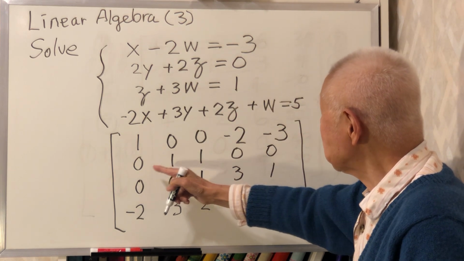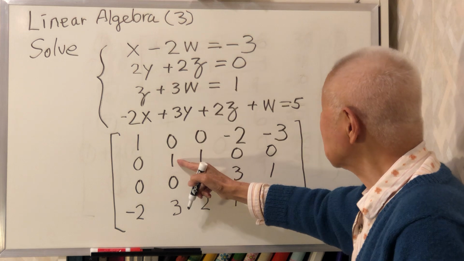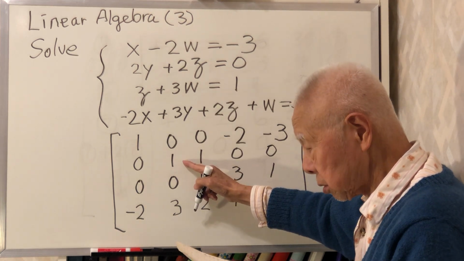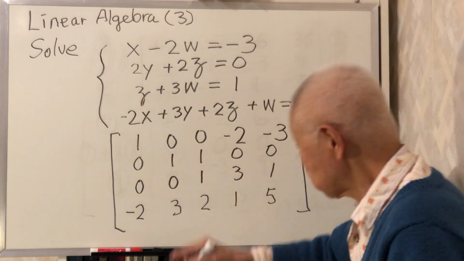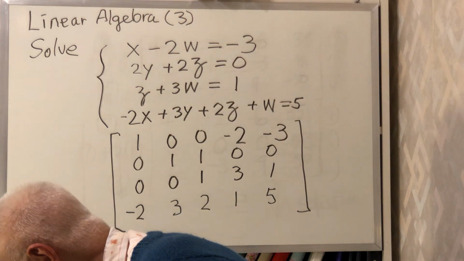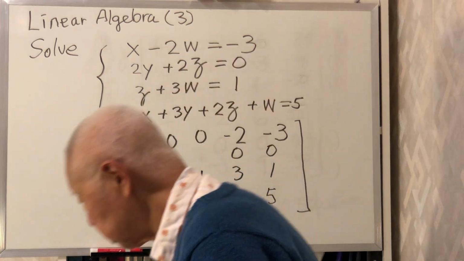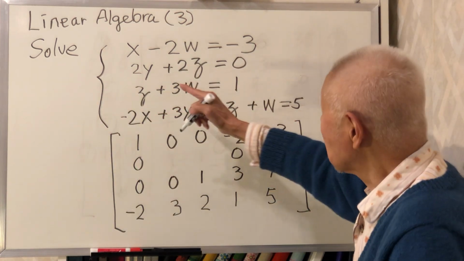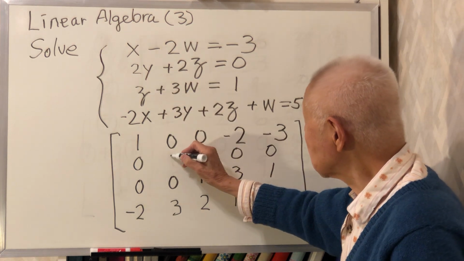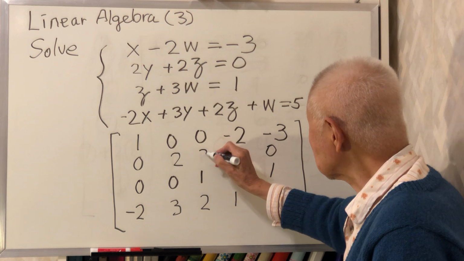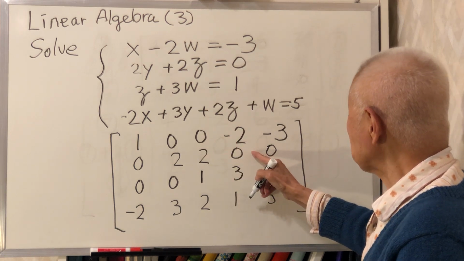No x. Y is... Oops. Did I make this mistake? 2, 2, 0, 0. Y is 2, Z is 2, no W, 0.